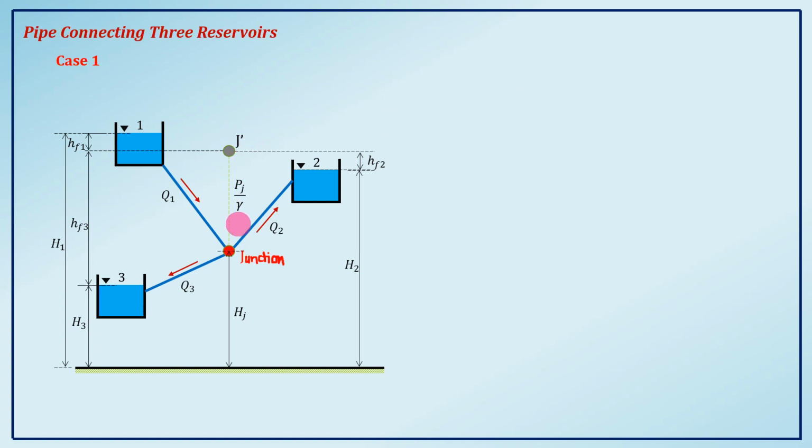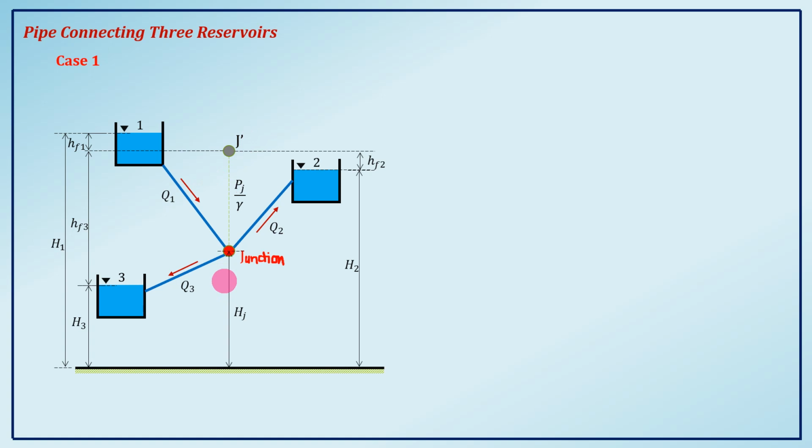Iko-confuse ka niya if your junction is higher than your reservoir 2 and reservoir 1 or lower than. So, you always have to check yung J prime, hindi yung point J na 'to. So, J prime, that is your pressure head, no? Pressure head sa junction. So, at junction, that is the connection of your pipes from the 3 reservoirs.